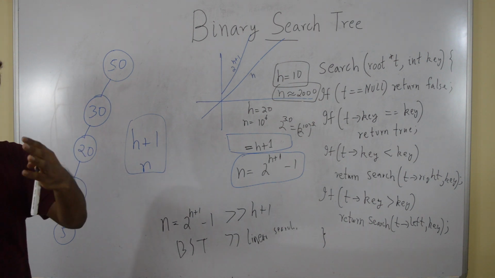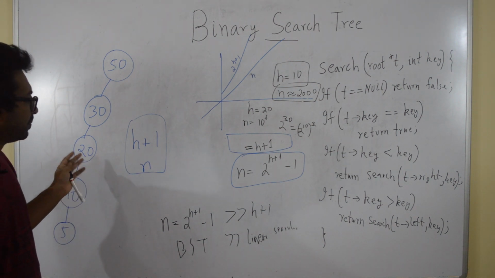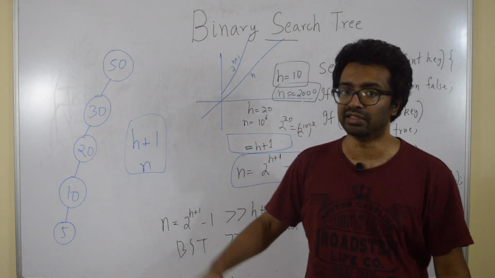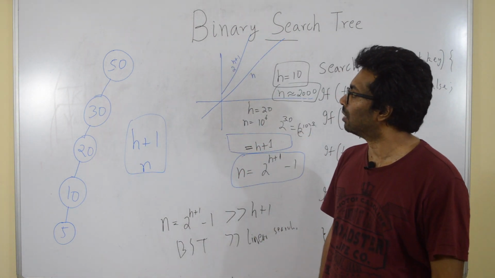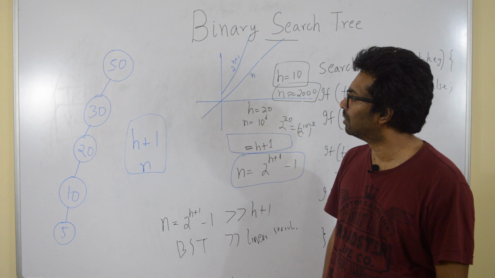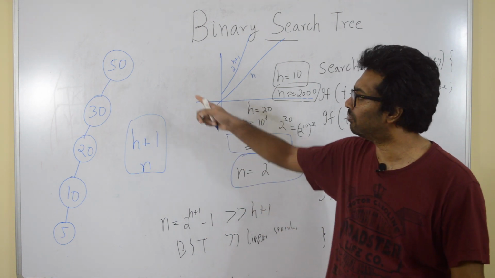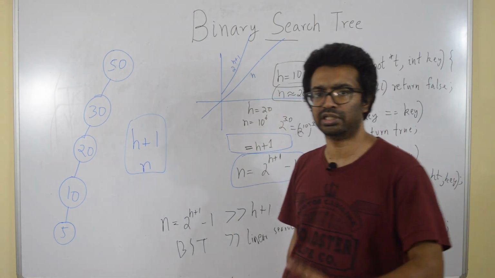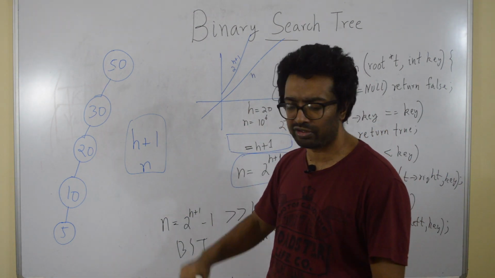So I should gain something from using binary search, right? That is what is missing if my tree is like this. Okay. And does this mean that if these are the numbers, the tree is always going to be like this? No, that's wrong. I can have a better tree.